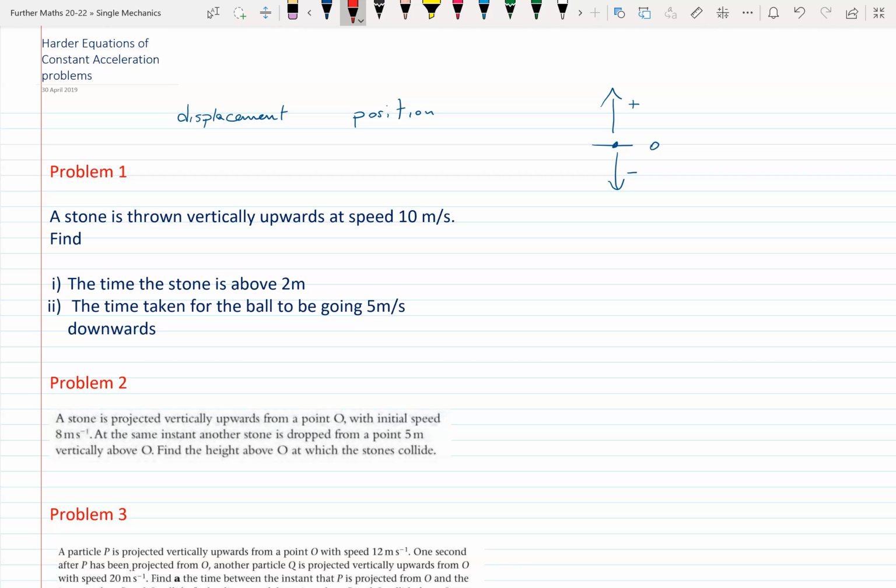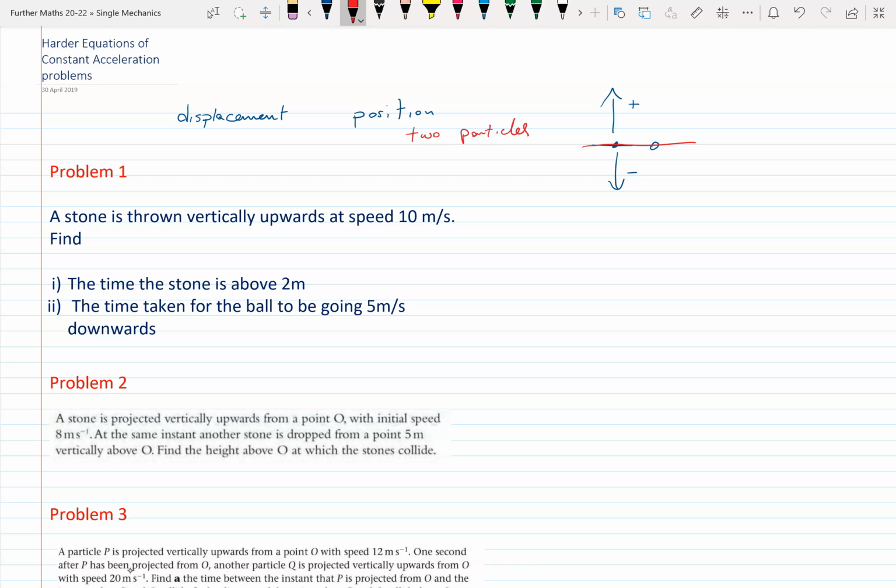The only time this really becomes a factor is when we've got two particles moving, and we want position to be an absolute point in space so that we can compare the two. If we've only got one, we can just say it starts at 0, and there's no real distinction between displacement and position.